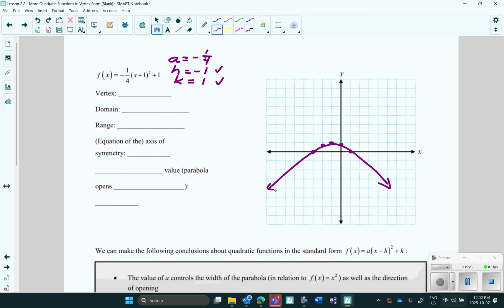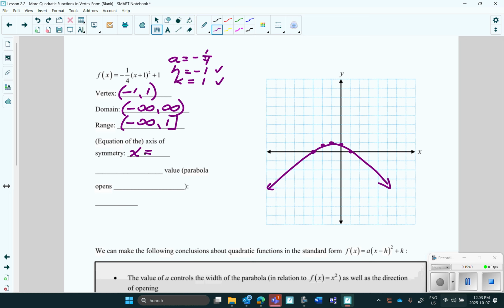What's the vertex? Domain? Range? This one will be a little different. Negative infinity to 1, yes. Axis symmetry equation.